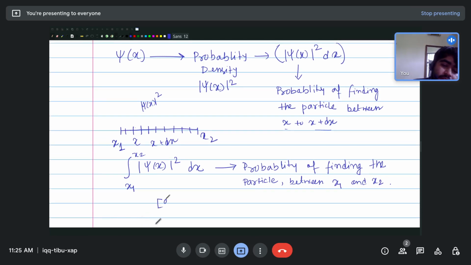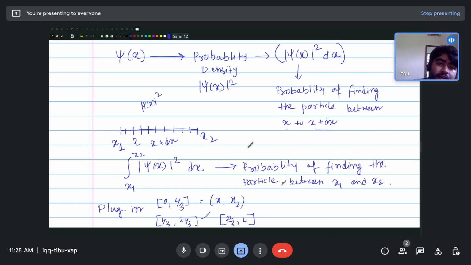Now the task left is to plug in all of those values: the first interval 0 to L/3 as your x1 and x2, then L/3 to 2L/3, and also 2L/3 to L. Just plug those into this expression.